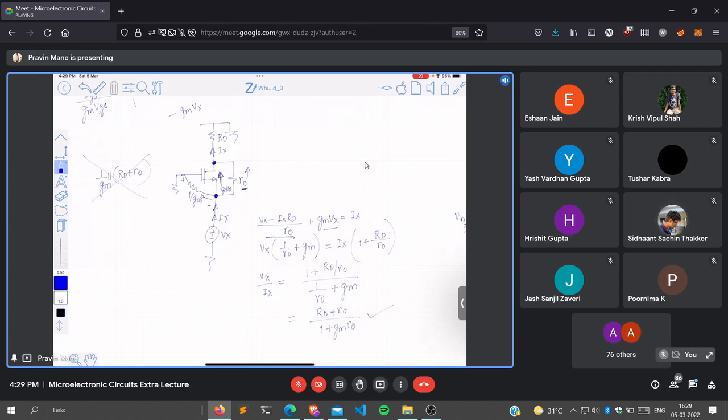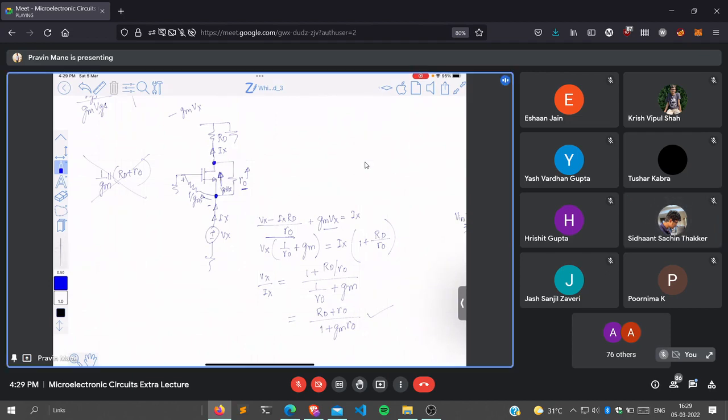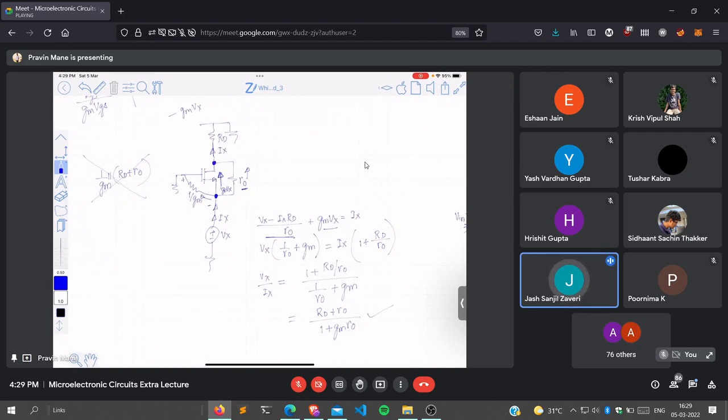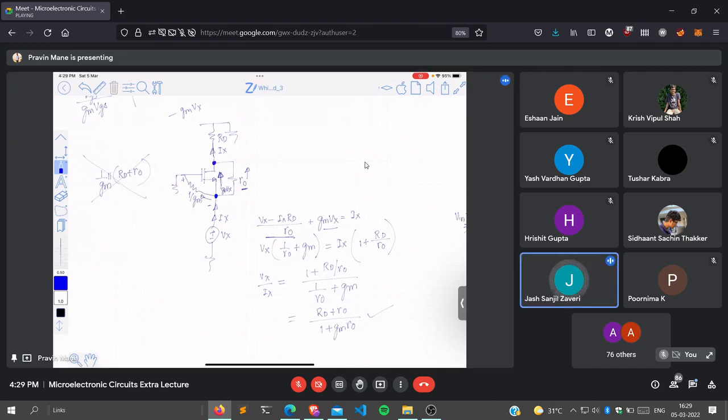Here VGS is minus Vx, so I changed the direction of the arrow and made it plus gm VGS. So you've taken Vx minus IXRD there, right? Generally the current through the MOSFET is in the downward direction, right? Downward, but in this case Vx is opposite.